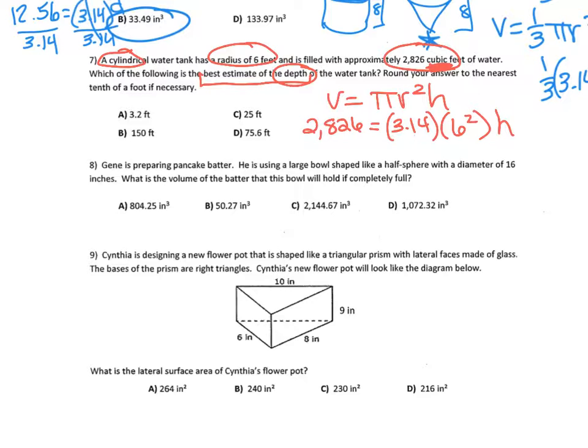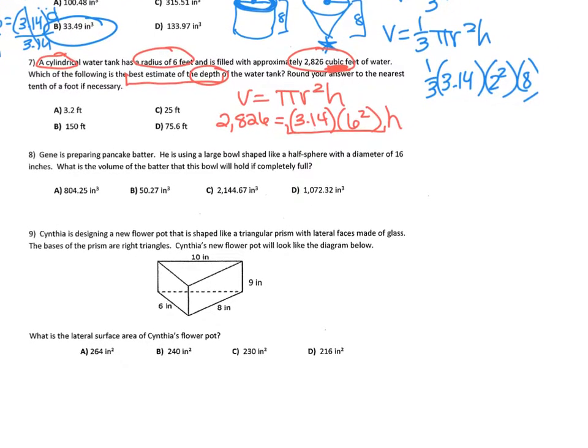So multiply together what you do know. 3.14 times 6 squared. 113.4. Okay, 113.4 times height.